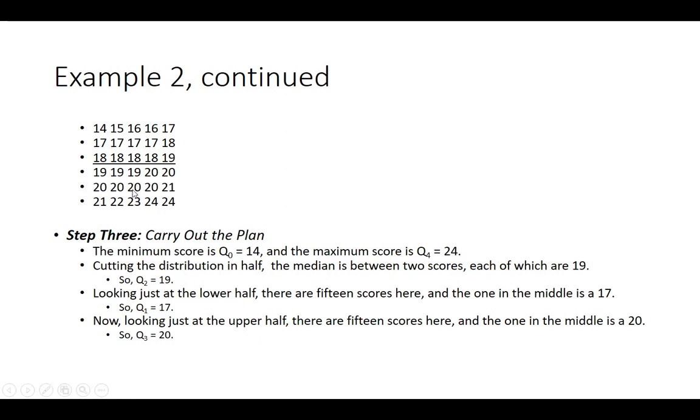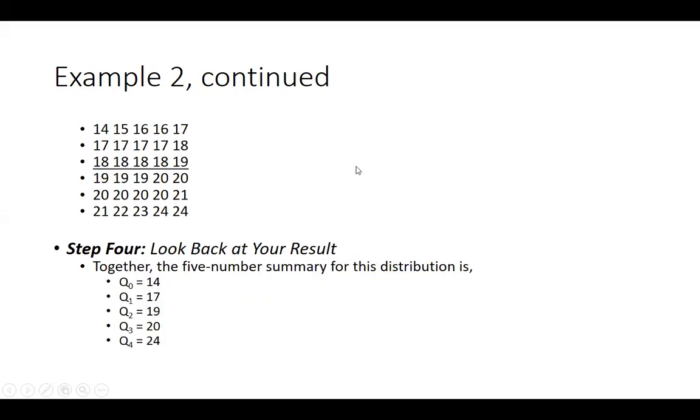Right in between those sets of 7, we have our middle value of 20. So Q sub 3 is 20. Looking back at our result, together the 5-number summary for this distribution is 14, 17, 19, 20, and 24.